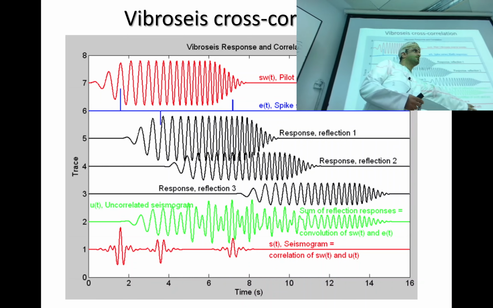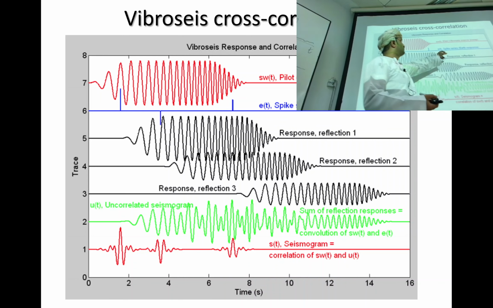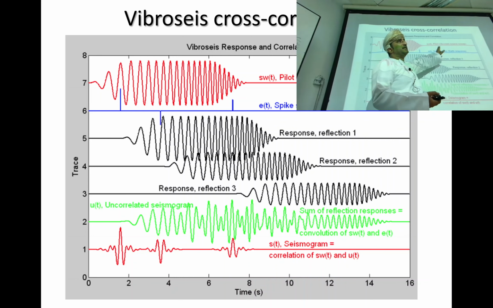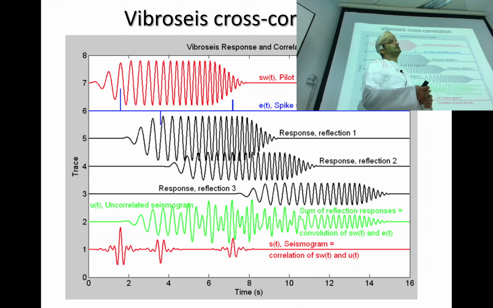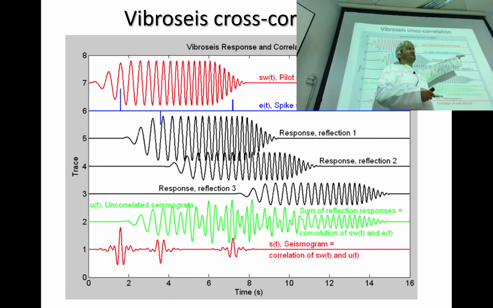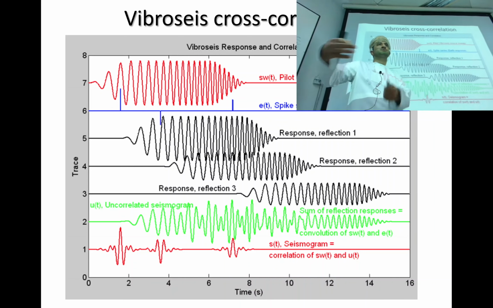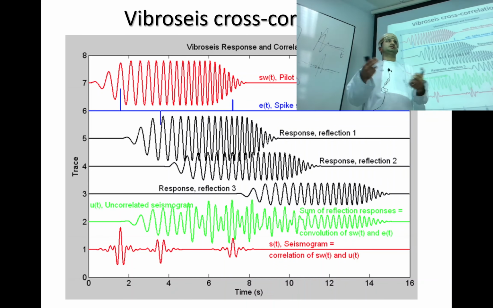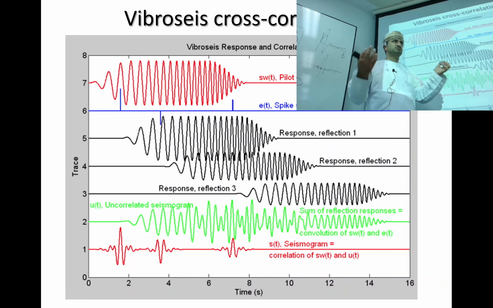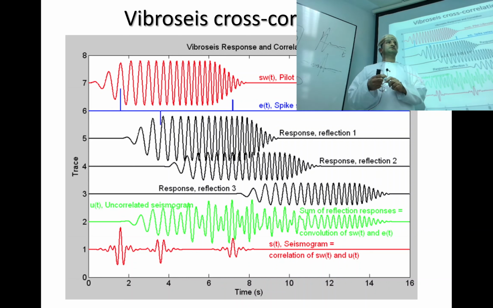Yeah, if we have, for example, let's say another layer, another interface. But definitely you cannot go very, very deep. There is some limit. We can image up until, for example, 5 kilometers, 6 kilometers using vibroseis.